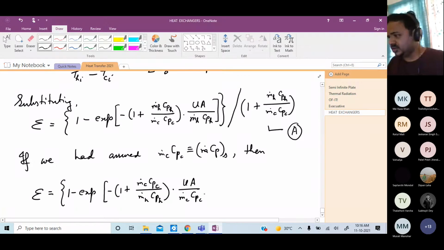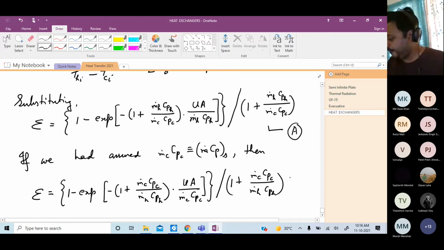Okay, you can go through this and you will find out, divided by 1 plus m dot c CPC over m dot h CPH. Let us call this B.